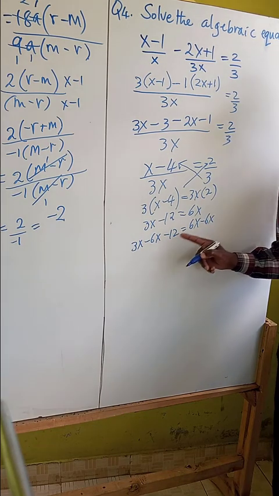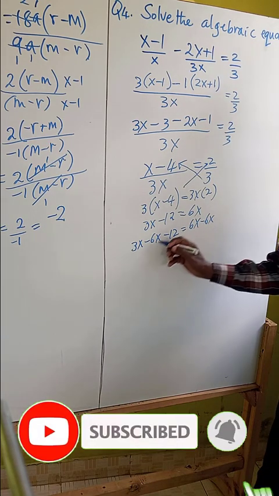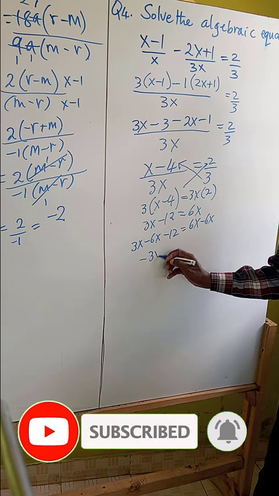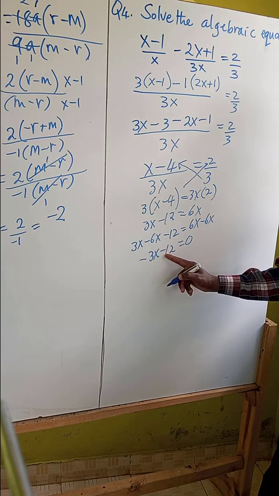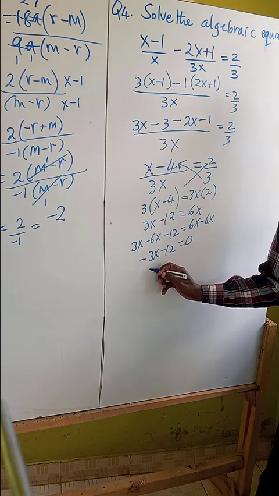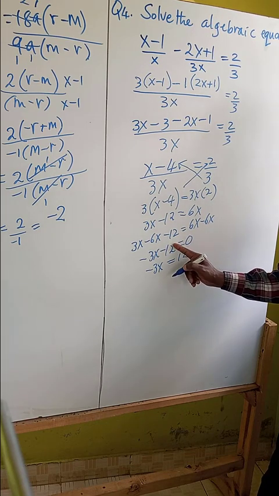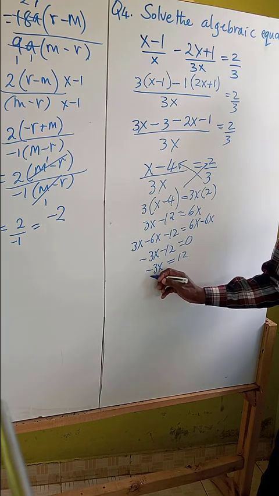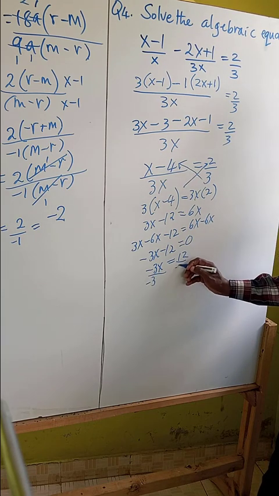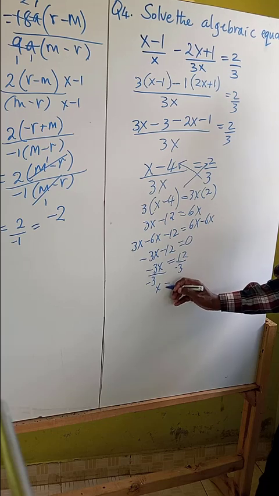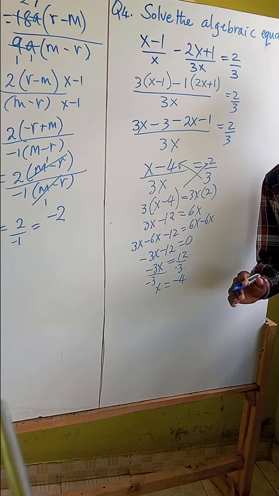So you can see, viewers, we have subtracted 6x on both sides, and that gives us negative 3x subtract 12 is equal to 0. We take this known to the other side, we get negative 3x is equal to 12 by adding 12 on both sides, and then we divide by negative 3 on both sides. By negative 3 we get x is equal to negative 4. x is equal to negative 4.